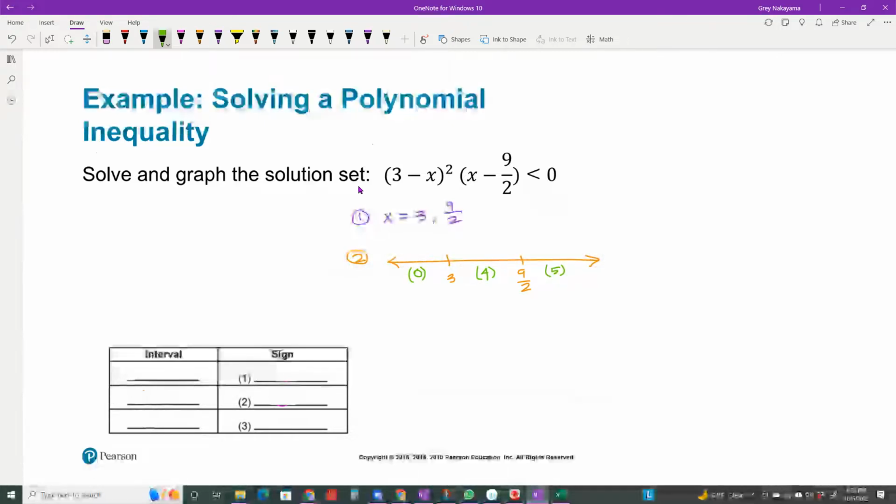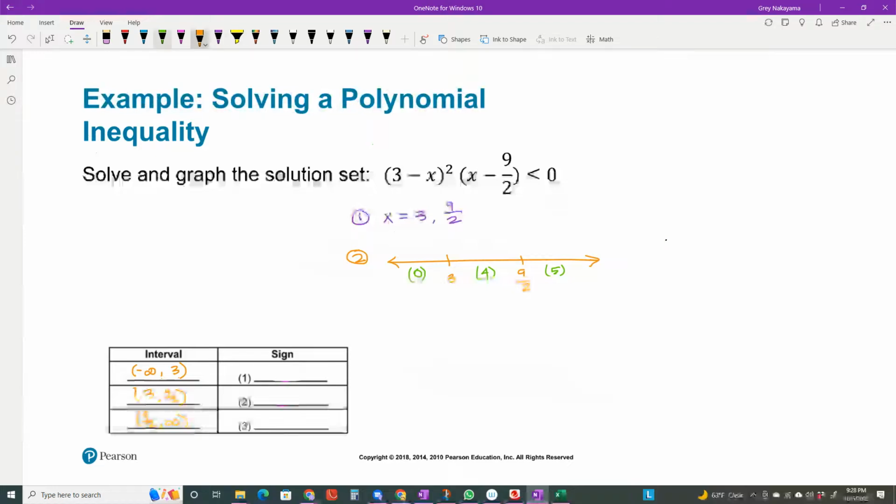It does not matter what number you put. And I put it in parentheses, y'all, because I don't want to get confused with the answers of the problem. The tick marks are the only numbers that you should have in your problem. So when I come down here and write my intervals, I'm going to have negative infinity to 3, 3 to 9/2, and 9/2 to infinity.